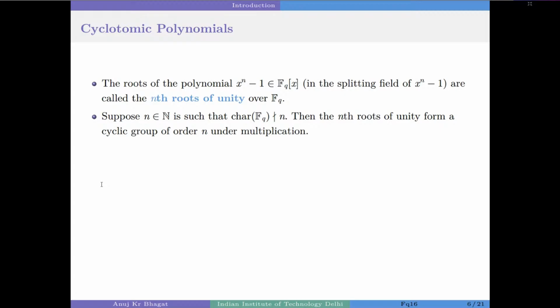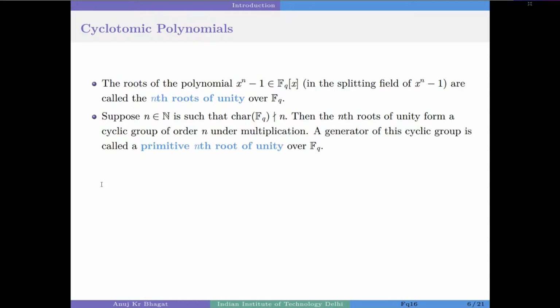So basically what we are doing is taking the roots of x^n minus 1 in the splitting field of x^n minus 1, and if n is co-prime to the characteristic of the field, then the nth roots of unity form a cyclic group of order n under multiplication. A generator of this cyclic group will be called a primitive nth root of unity over Fq.